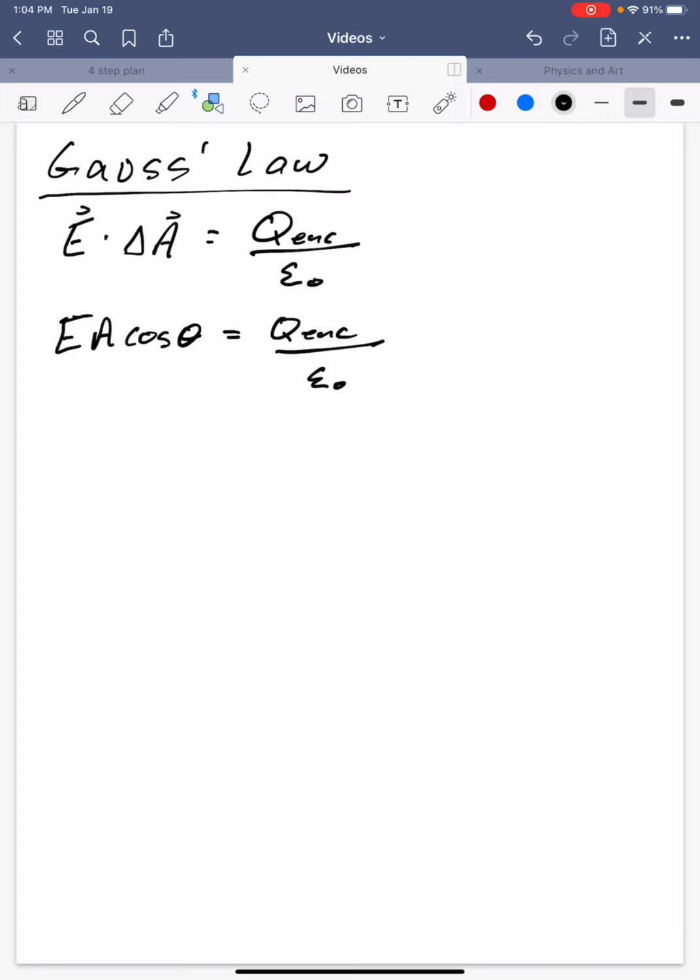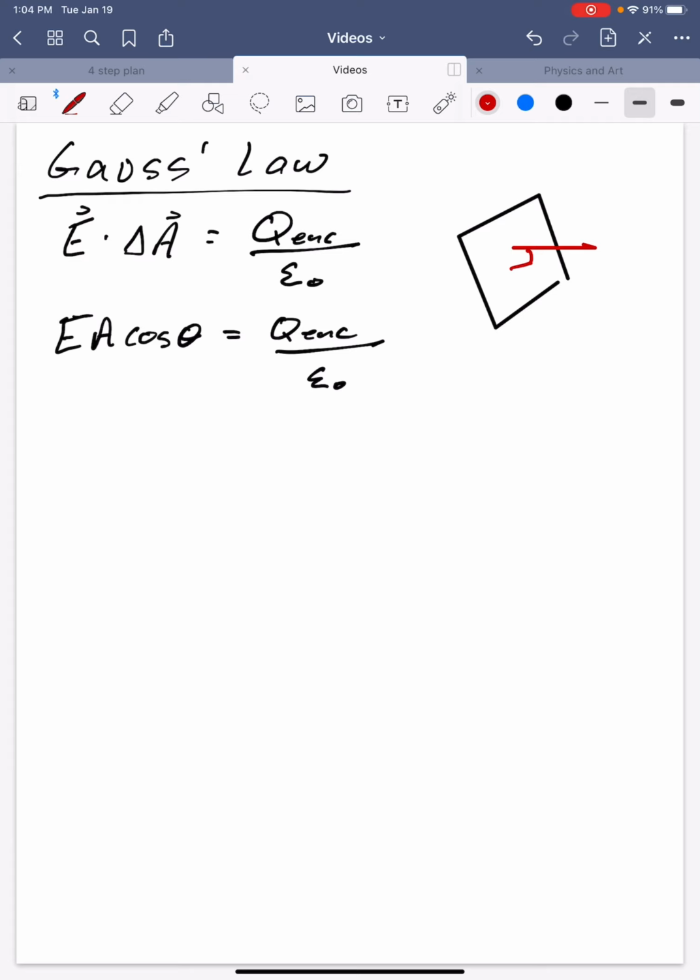So if I have an object that's this way, the A I'm talking about is perpendicular, so it has right angles here down to the surface.